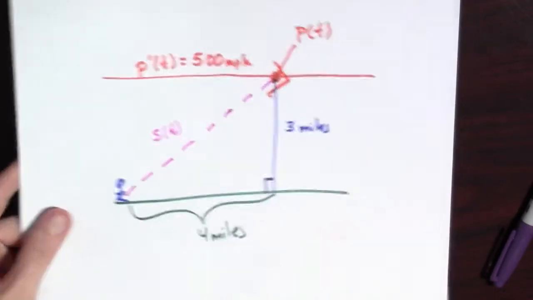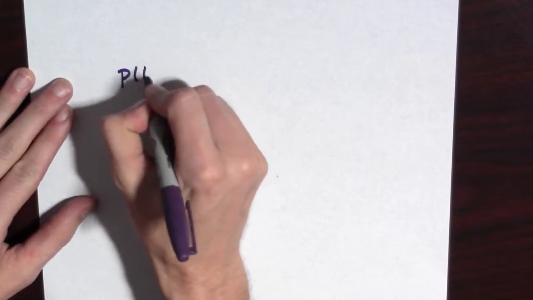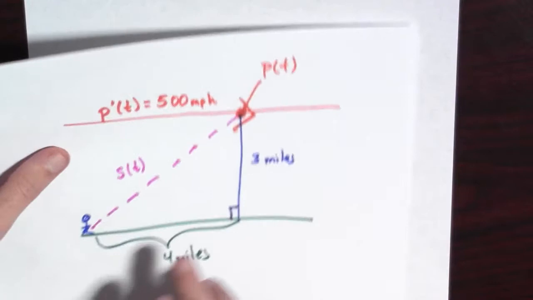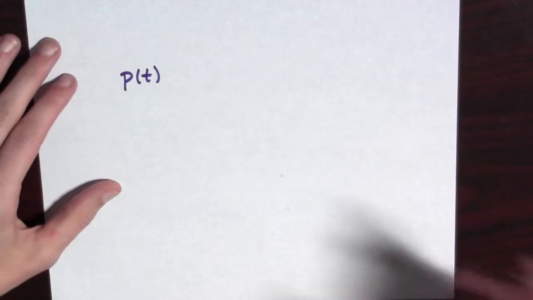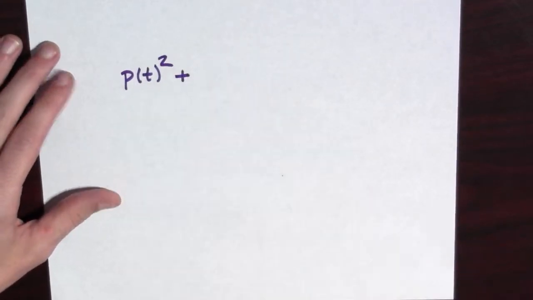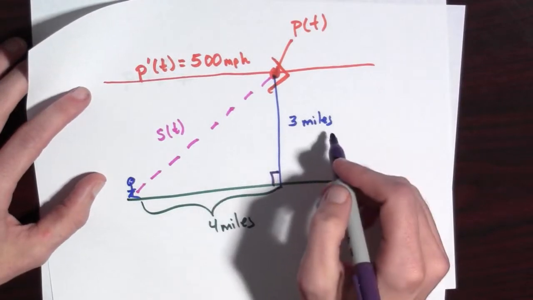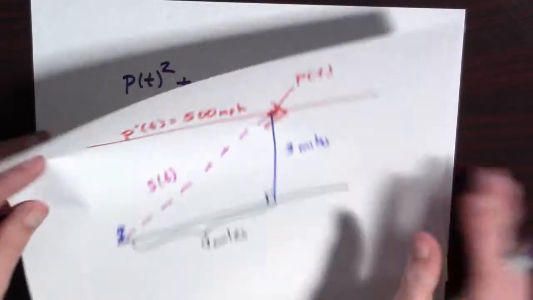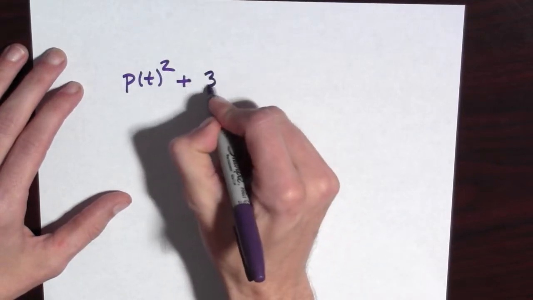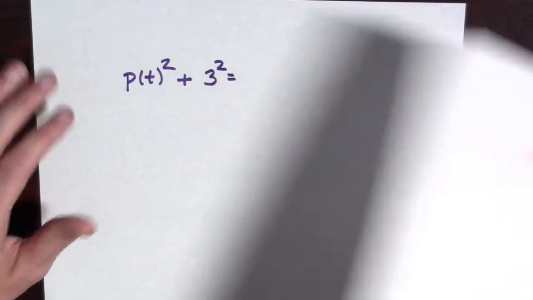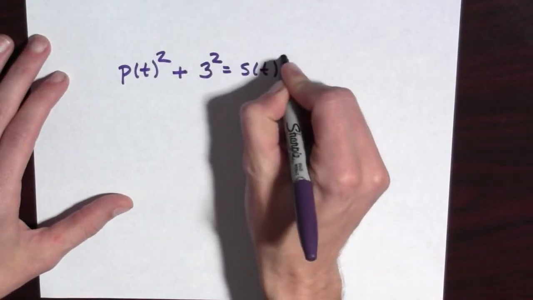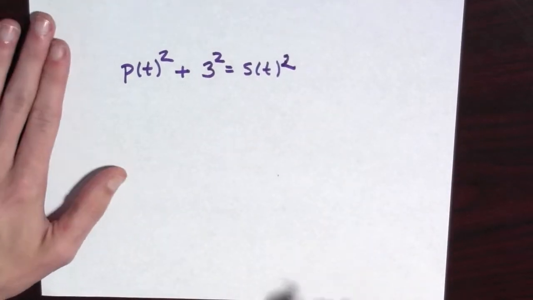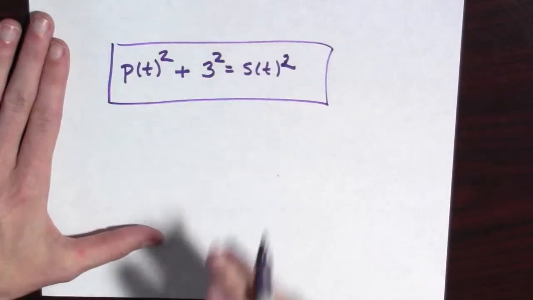We're going to use the Pythagorean theorem to write down a relationship: P of t squared plus 3 squared is equal to this distance here, S of t squared. There, this is our equation.